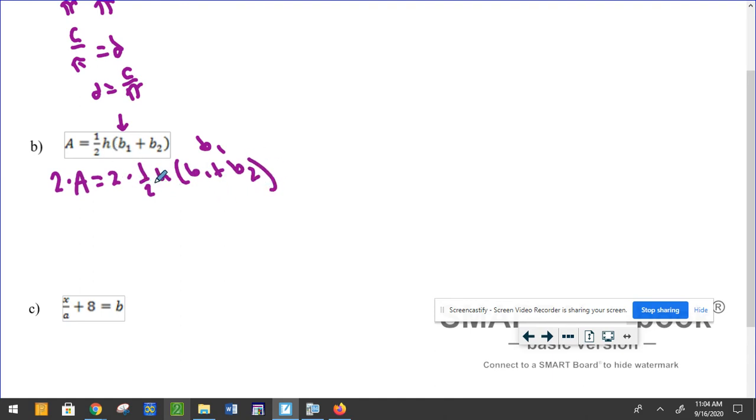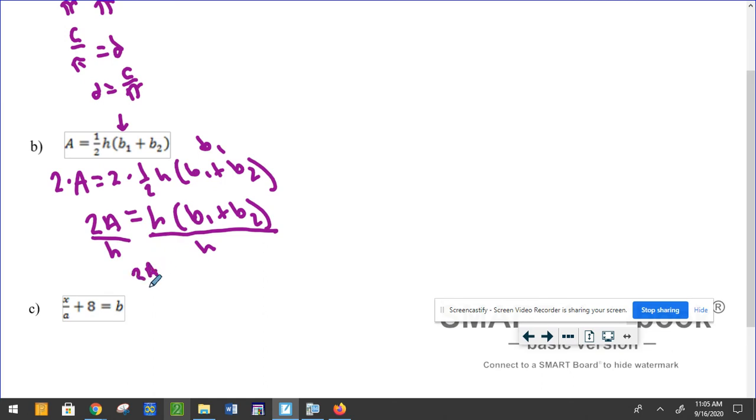All right, 2 times 1/2 is 1, so essentially that's gone now. Because 1h is the same thing as just saying h, right? So it's gone. Then I would divide the h away, because that h is multiplying where the b1 is. You could distribute it in. Again, it'll just be adding extra steps.